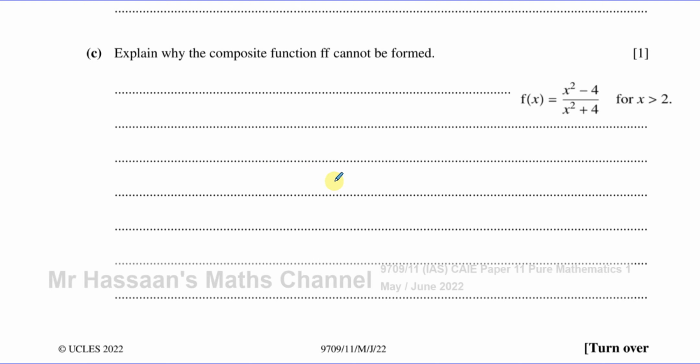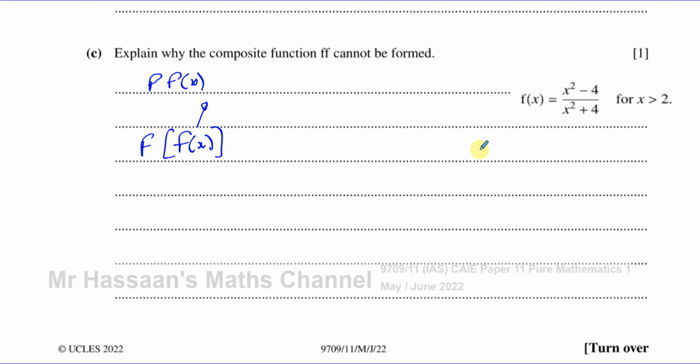Now, a composite function can only exist if the output, or the range, of the inner function is something that can go into the outer function. So when you have a composite function, in this case, they've asked us for ff of x. So we have to take the function f and put it inside the function f. Now, what comes out of here must be able to go into this function.